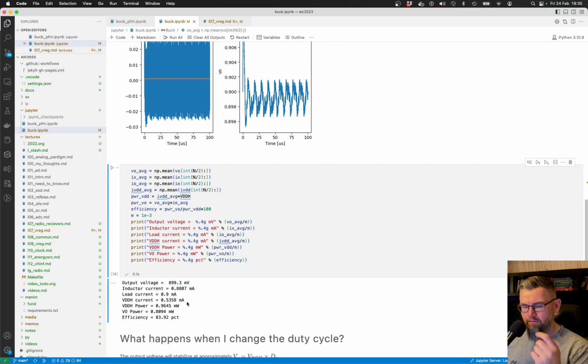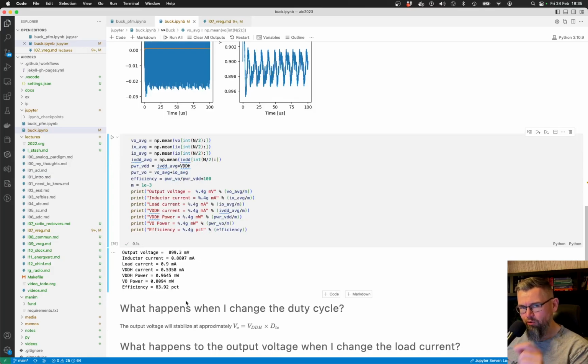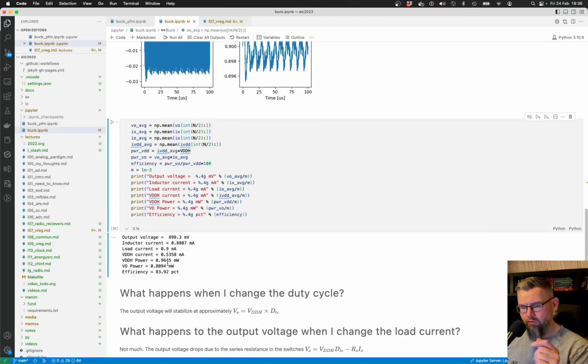And then we have the most important point about DC-DC converters. In the LDO, or the linear regulators, the current pulled from the VDDH, the supply, was the same as what was running in the load. But here you can see the current in VDD is lower than the current in the load. When we compute the power, the power consumption on VDD is about 0.96, and the power consumption on the output voltage is about 0.8.